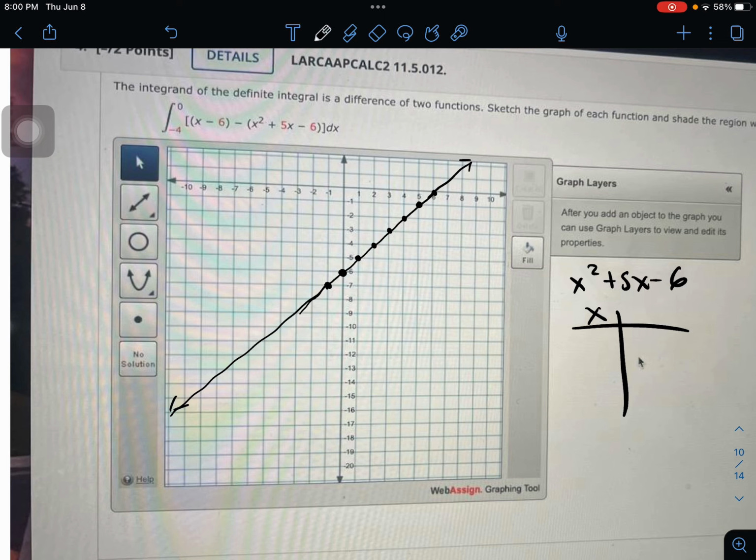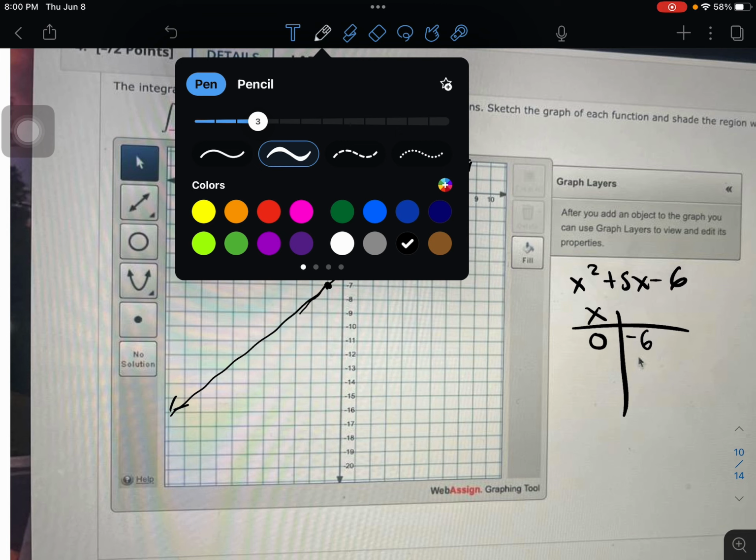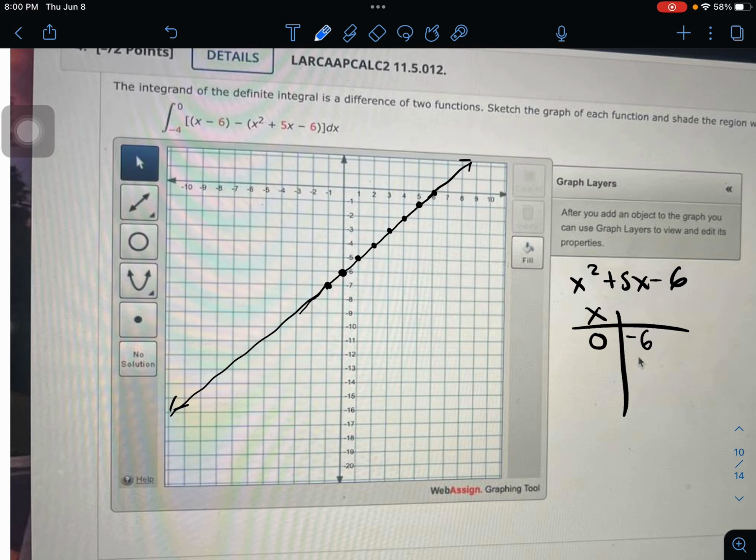Easiest one to plug in, of course, is a 0. And if I put a 0 into these x's, 0 squared is 0. 5 times 0 is 0. So if I put a 0 in, I get a negative 6 out. So that is a point on my function, and I will go ahead and graph that. 0, negative 6. Let me do a different color. Let's do blue. 0, negative 6, a point on the function.